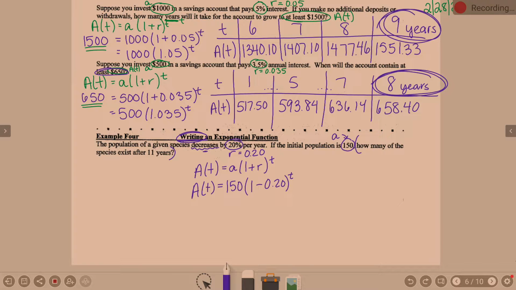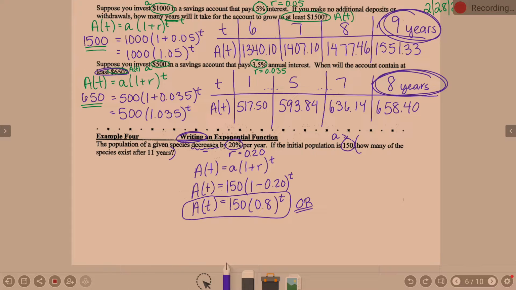Now, what's the cleanup we can do here? 1 minus 0.2 is 0.8. So when you are asked for an equation, one form of the equation you could give here is A of t equals 150 times 0.8 raised to the power of t. I'm going to give you an or option here.